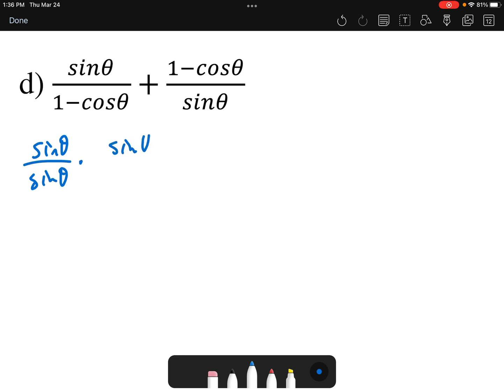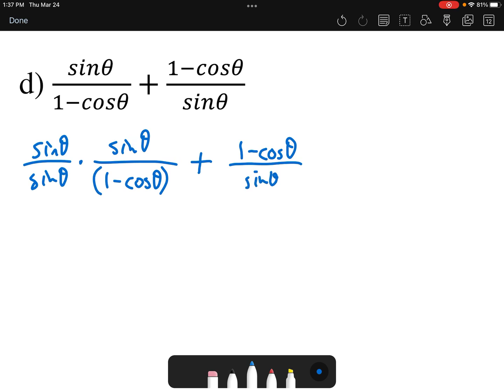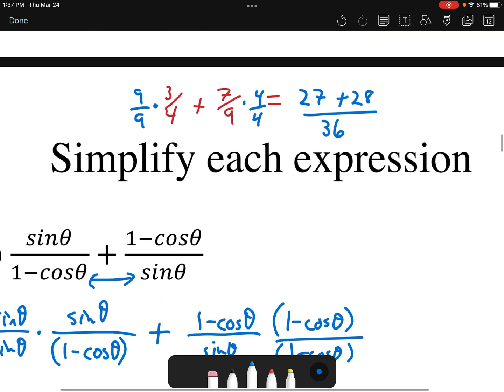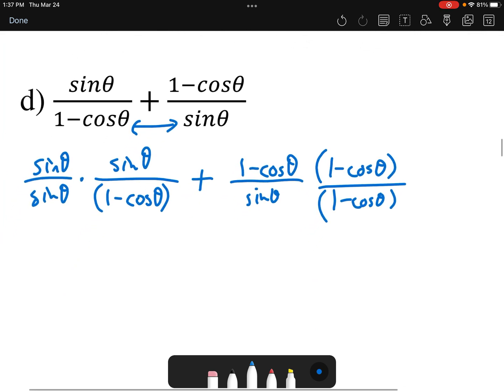So we're going to multiply by, and I'm going to put this in parentheses for a reason because we have to distribute it if we're going to multiply it. Now the other side, we're going to multiply by 1 minus cosine because that's what we're missing in the denominator. Because the common denominator is going to be 1 minus cosine times sine, just like up here it was 9 times 4. It's the same concept.